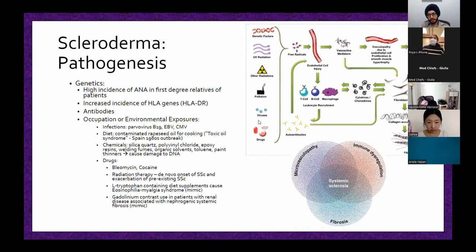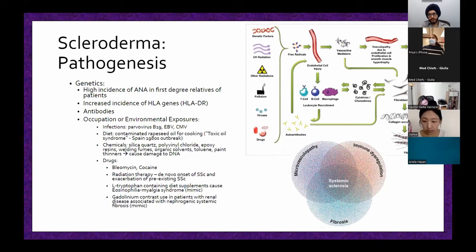So all of these exposures cause free radicals, which damage vasculature and cause endothelial injury, which affects the T cells, B cells, and macrophages, producing antibodies, which then affect different organs. The endothelial cell injury releases vasoactive mediators, which can cause vasculopathy, and endothelial cell proliferation and hypertrophy, which are the systemic vascular manifestations, such as Raynaud's.